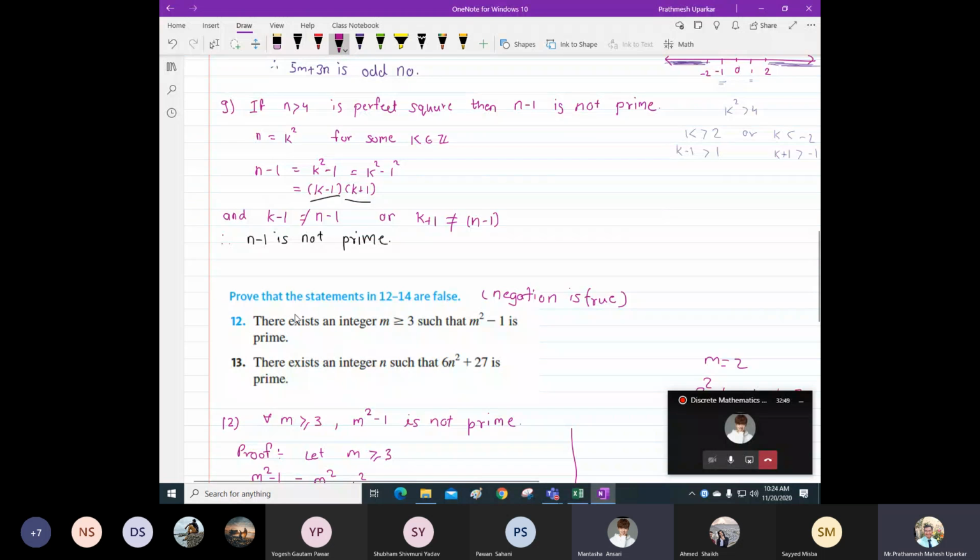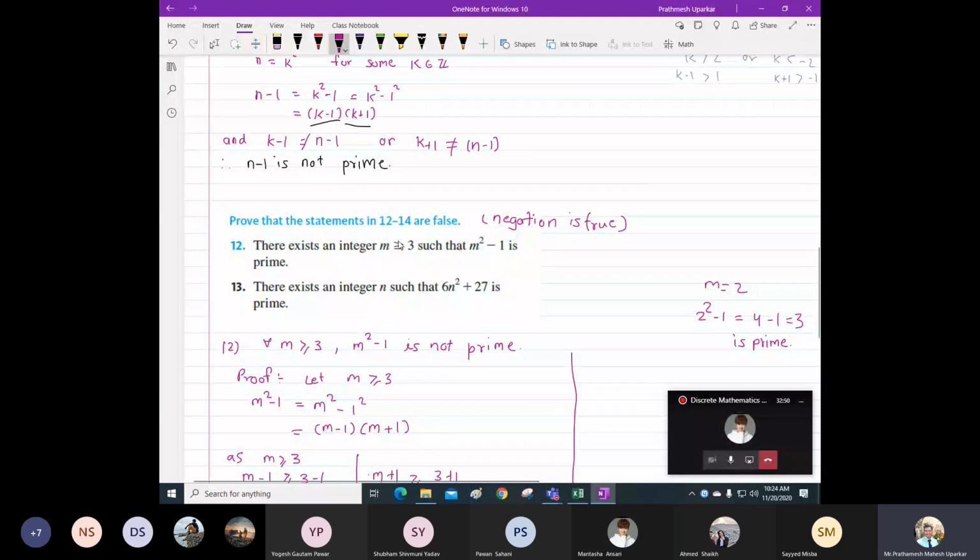ओके, let me think. आपको क्या बोला है अभी? मैं अगर आपको बोलता कि what is the negation of there exist m belongs to Z such that m square minus 1 is not prime.